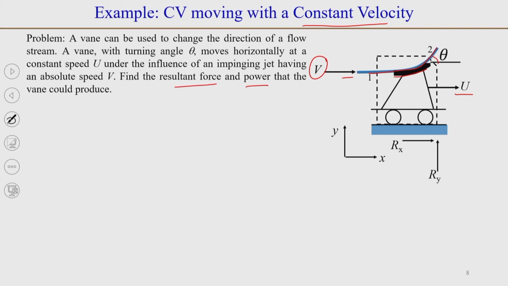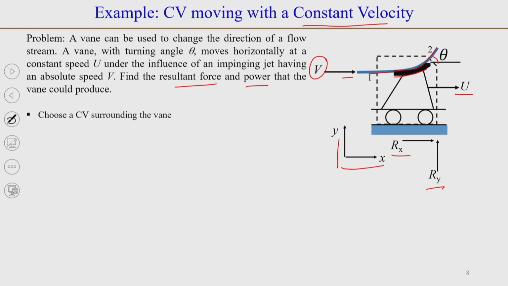Now, we assume that the vane moves along the x direction and the direction normal to it is the y direction. When this trolley moves with a velocity u, there will be a reaction force, and we assume that the components of this reaction force are R x and R y along the x and y directions respectively.